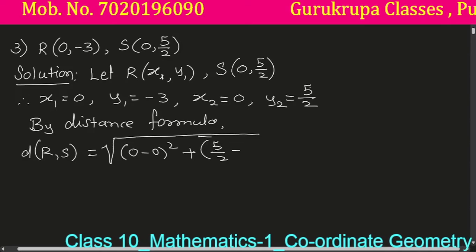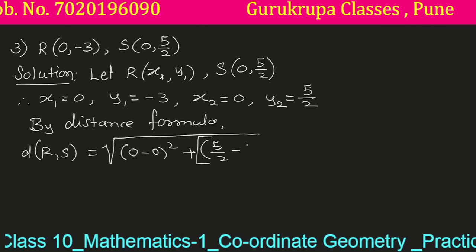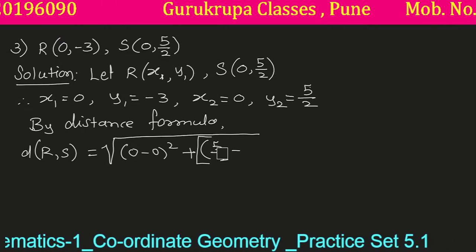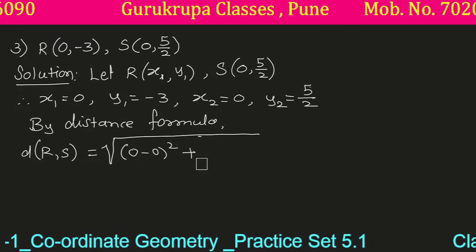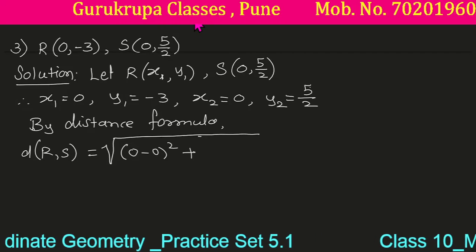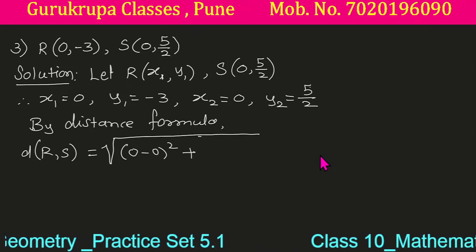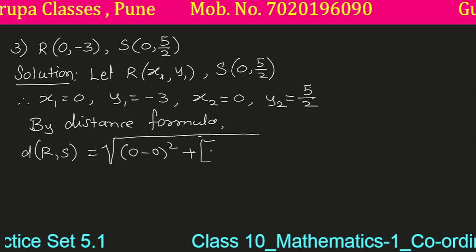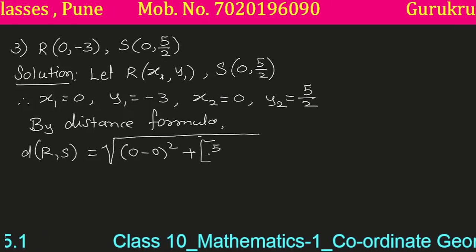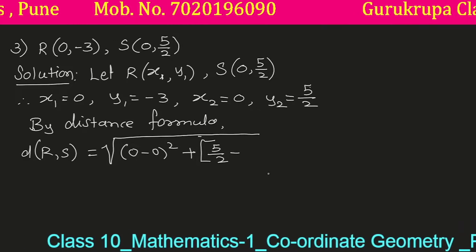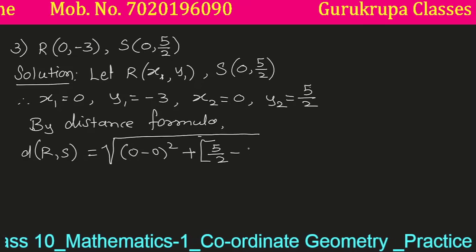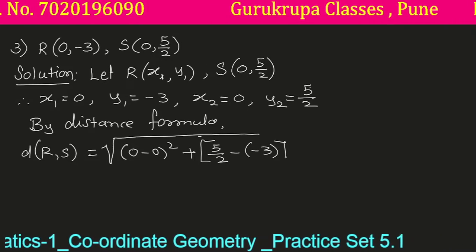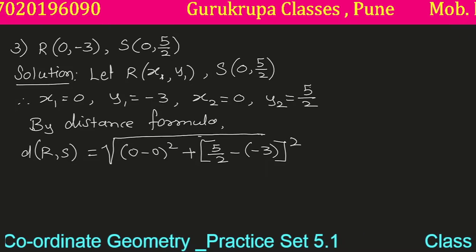We take a bracket for the negative number, because a negative number should be written in a bracket. So y2 is 5/2, minus y1, which is negative, so -3, and the square of that.